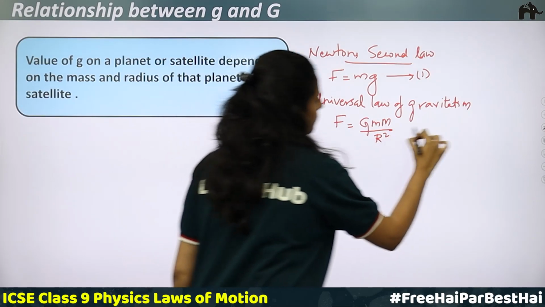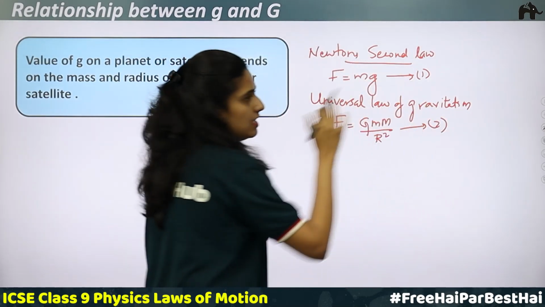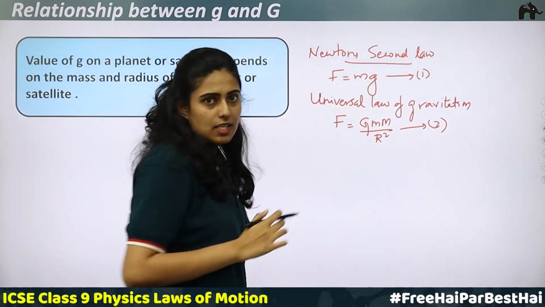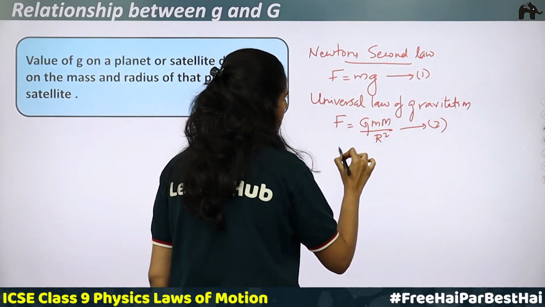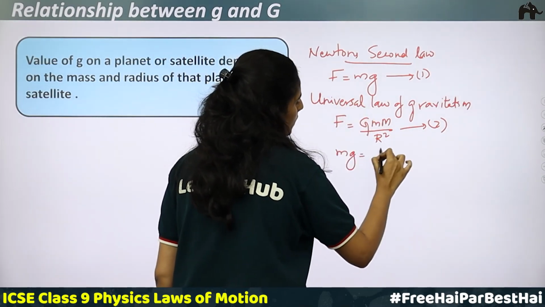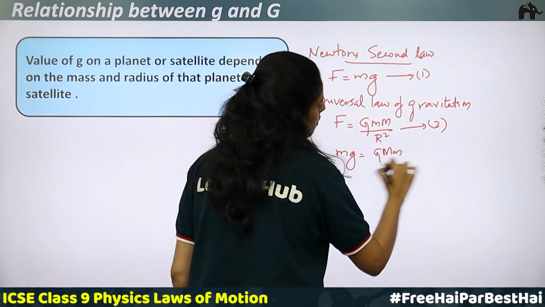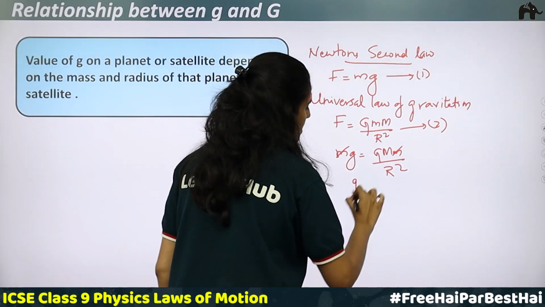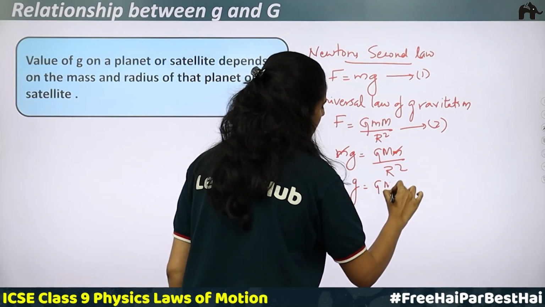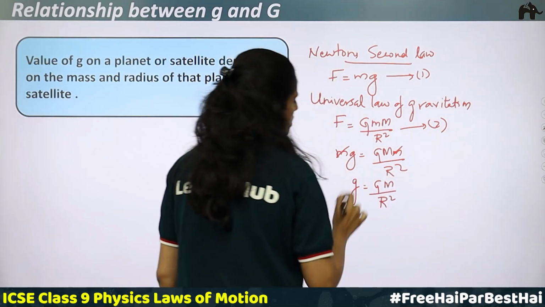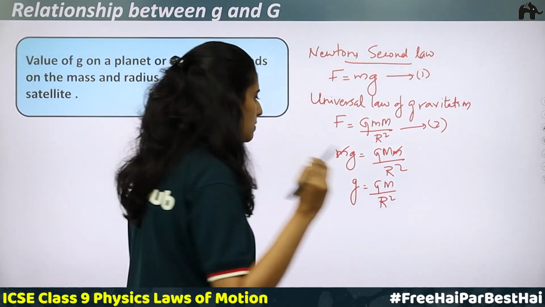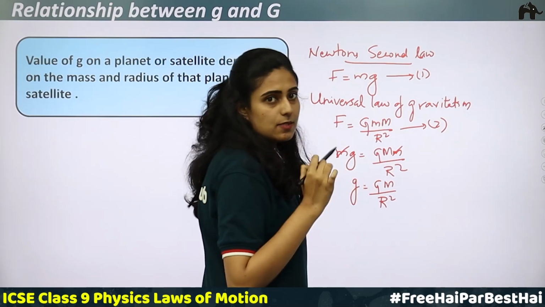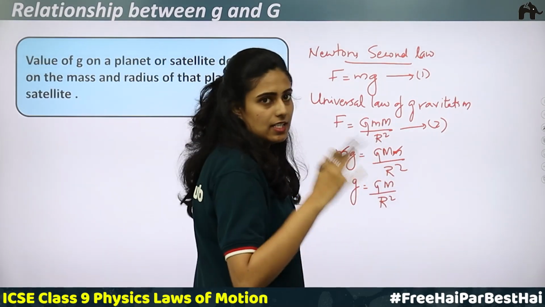Okay, you can see when you compare these equations, left hand side is the same. So, right hand side also should be the same. Okay, therefore, m into g is equal to G capital M small m divided by r square. Small m can be cancelled, then g is equal to capital G M divided by r square. So, to get the value 9.8 meter per second square, you just need to substitute here. Okay, G is 6.67 into 10 raised to minus 11.